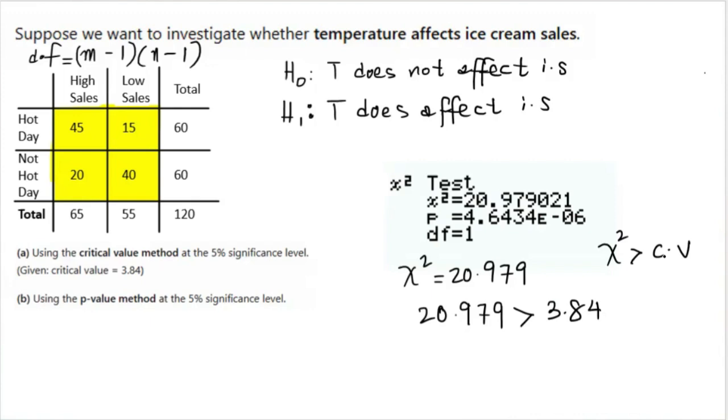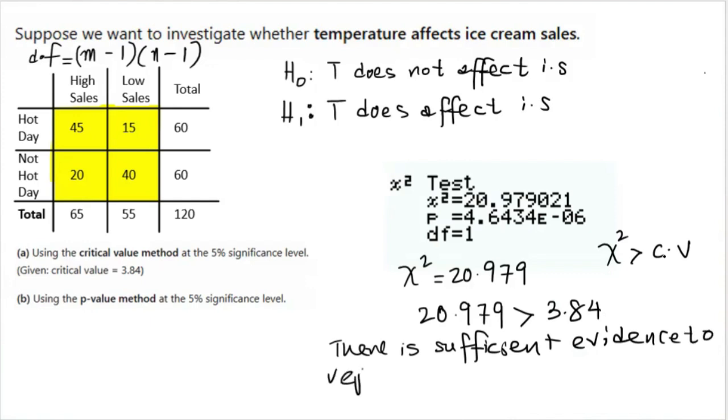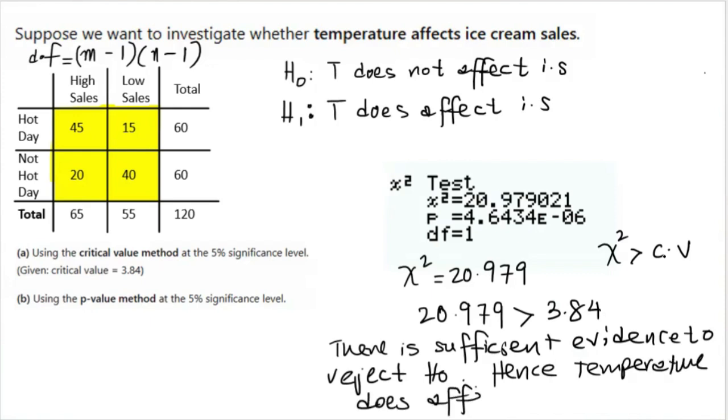So you will say that there is sufficient evidence to reject H naught. Sometimes you can write in favor of H1 and conclude, hence, temperature does affect ice cream sales, right?